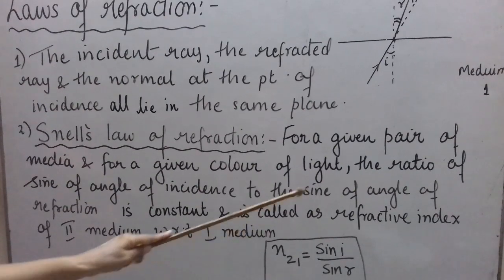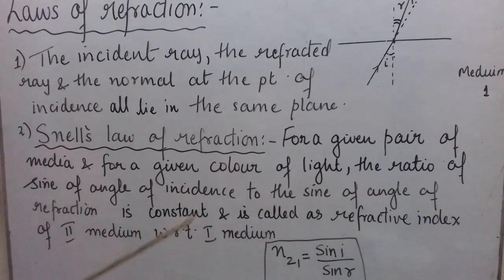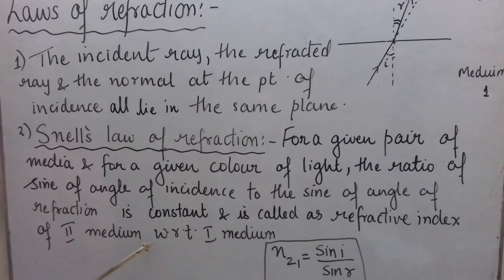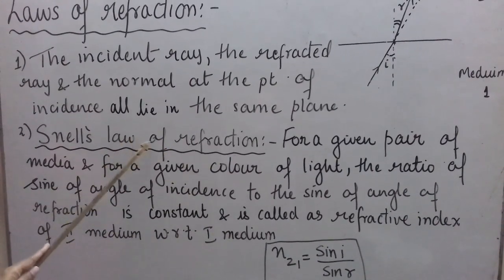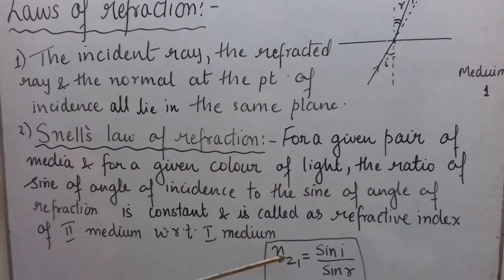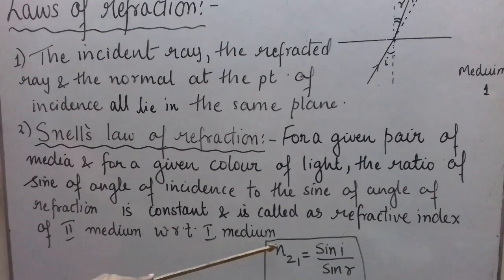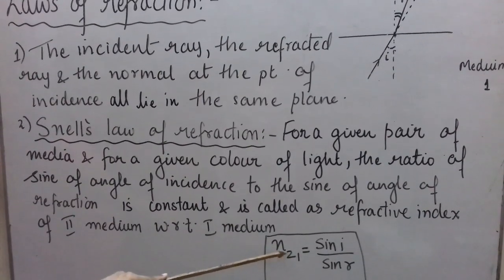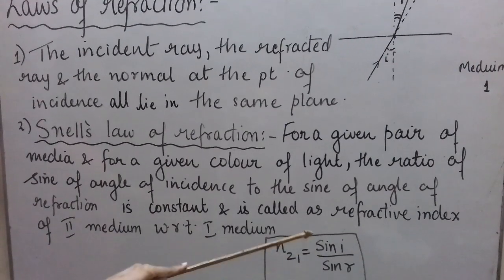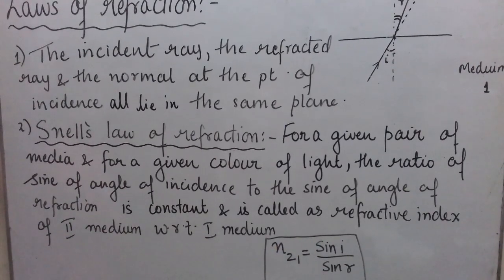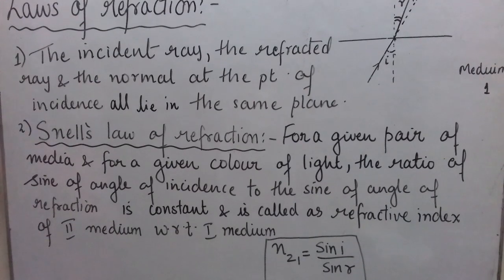It is called the refractive index of second medium with respect to first medium. And mathematically we express Snell's law as this. N21, where N21 represents refractive index of second medium with respect to first medium, is equal to sin I upon sin R, where I is the angle of incidence and R is the angle of refraction.